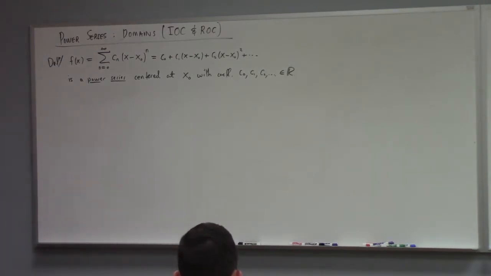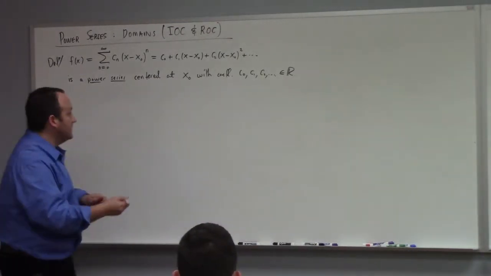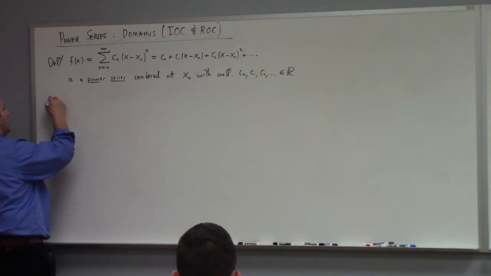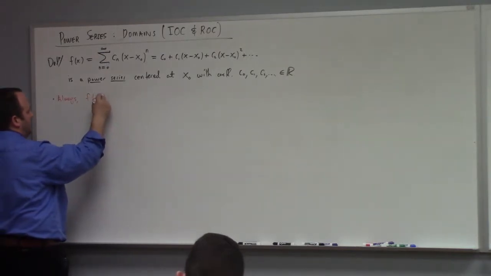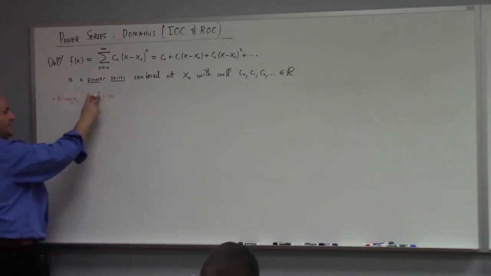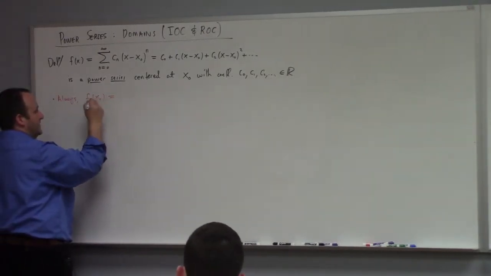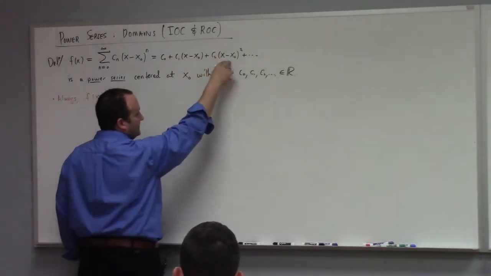And so what we learned yesterday is that one thing for sure, always, f of x naught equals c naught. We don't really need that much sophistication to see that f of x naught is equal to c naught plus 0 squared and so on.